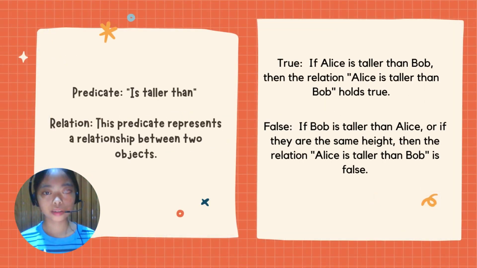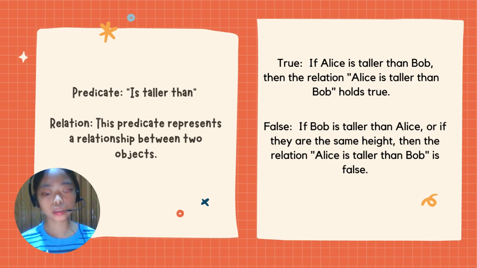So here's one other example of a predicate. A predicate can be understood as a relation in the sense that it describes a relationship between two objects. For example, the predicate "is taller than" represents a relation between two objects.